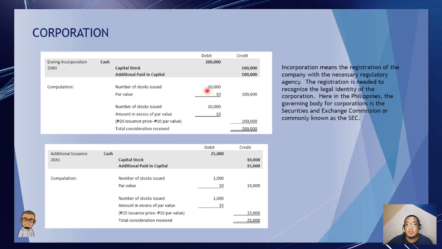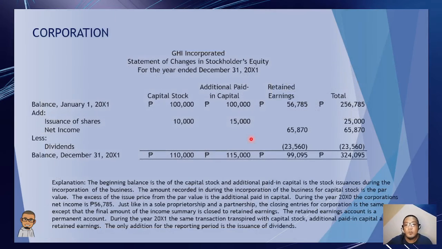Okay, so number of shares issued 10,000, par value is 10, so 100,000 pesos. Number of stocks issued, same pa din yung 10,000 na pinag-uusapan natin dito. Kaya lang, minultiply natin para sa ating excess. So, that's 100,000. So, total consideration received is 200,000. So, let's go back. Ito yung 200,000 na sinasabi natin. The additional capital stock, saka yung additional paid-in capital.